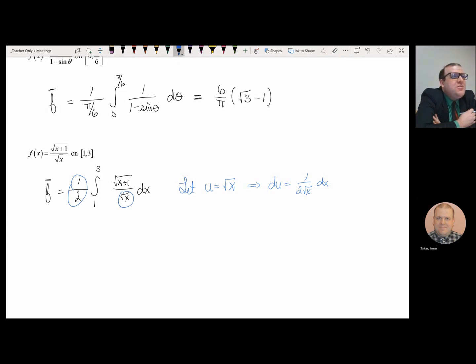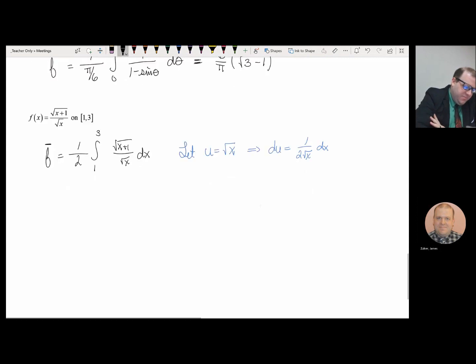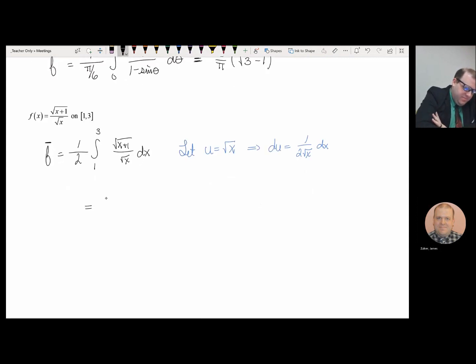There's our du. Now we just have root of x plus 1 to deal with. Well, that's no problem. If u is root x, then x is u squared. Remember, we did a change of variables, so the limits of integration also change. 1 to root 3.